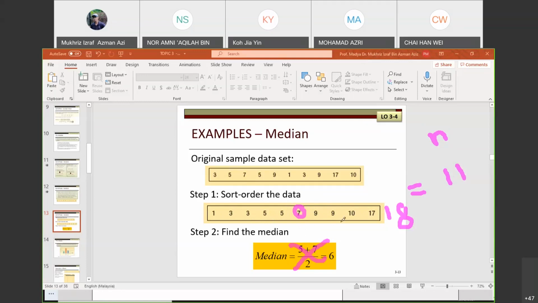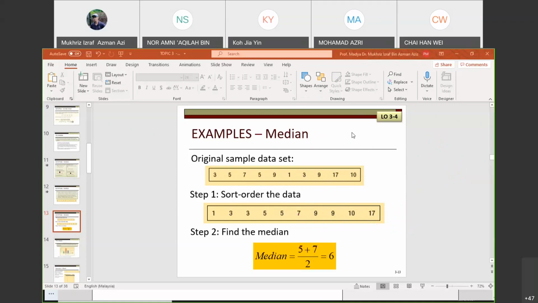There are 5 observations here and another 5 observations. So for even numbers, you need to take the two numbers in the middle and divide by 2. For odd, it's pretty straightforward. So it will be 7 for the median.